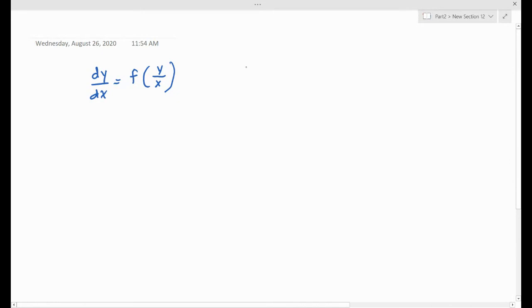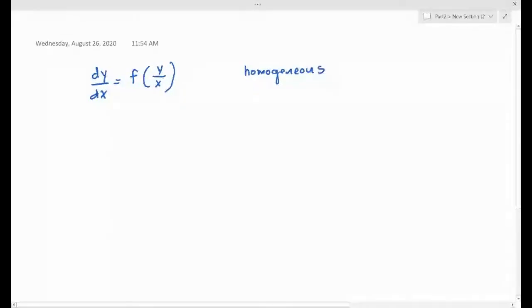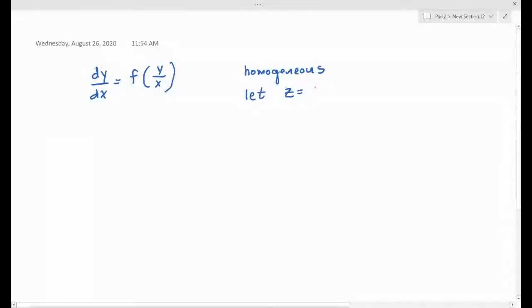So in this case, we call this kind of differential equation homogeneous. Okay, and so here we can simply lump this ratio of y divided by x into a single term. So the substitution would be let z equal y over x.